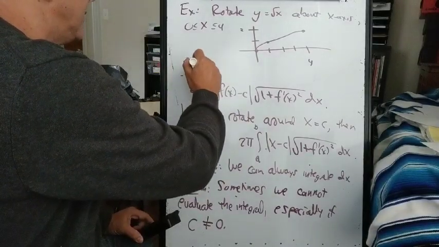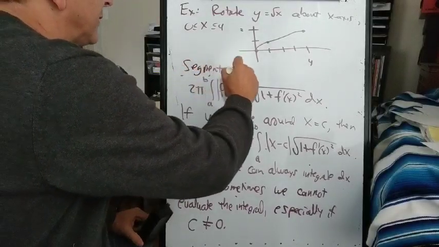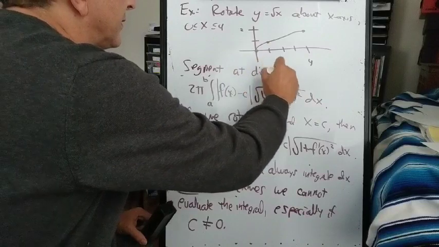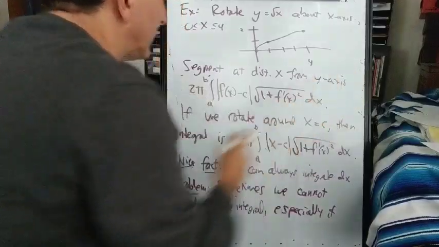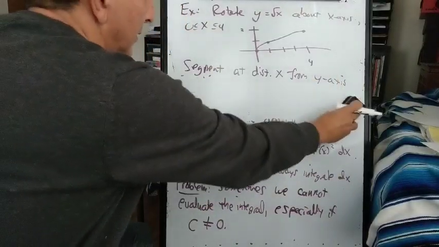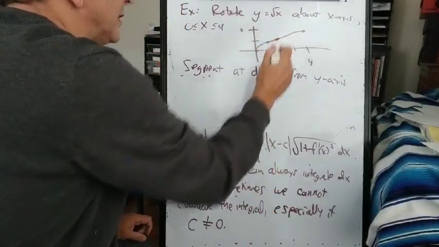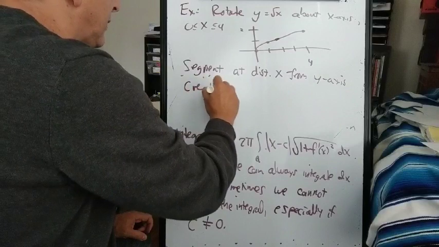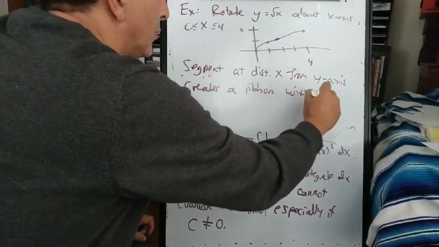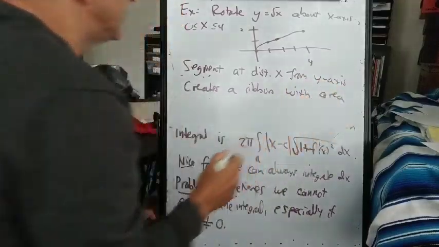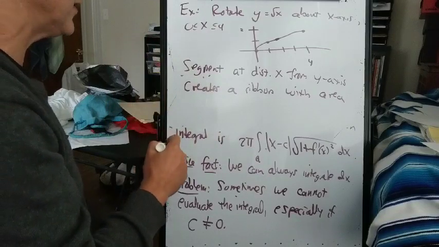So let's say the segment at distance x from the y-axis, so some little segment here, creates a ribbon with area, I guess I'd better compute the derivative and the squared derivative.